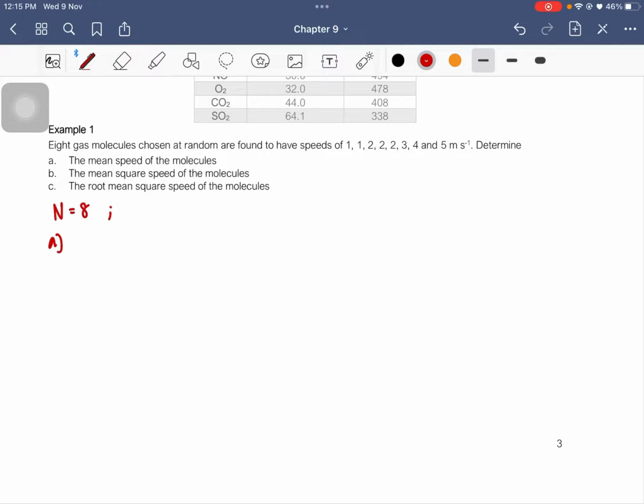So we know that the formula is v equal to basically this one. I feel like it's easier for you to write this. Okay, so you have to square them.